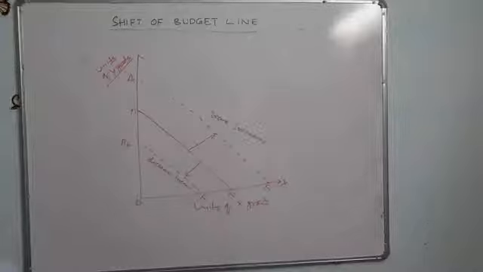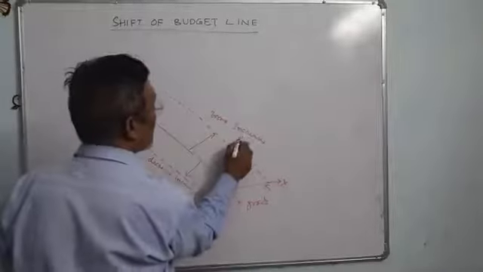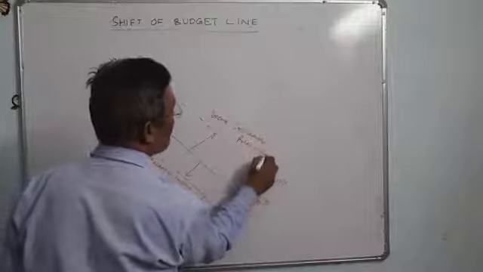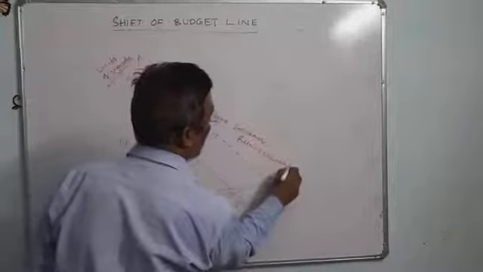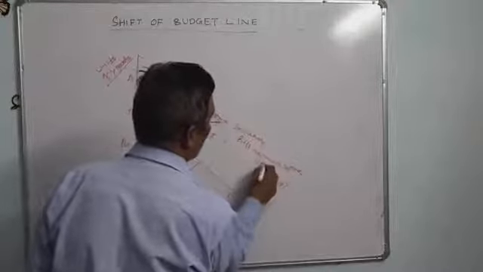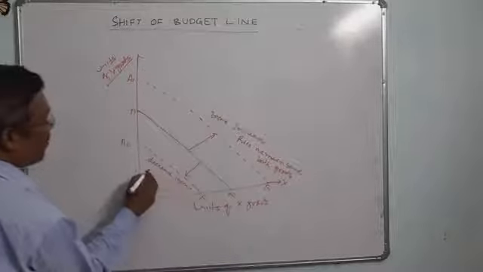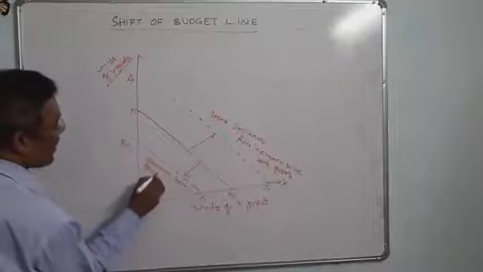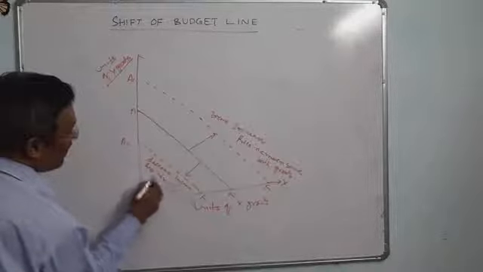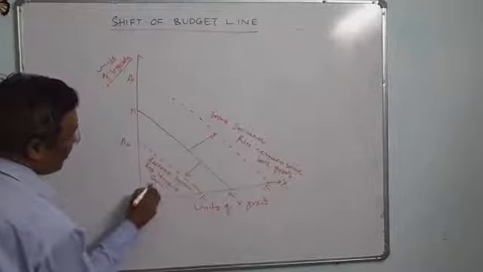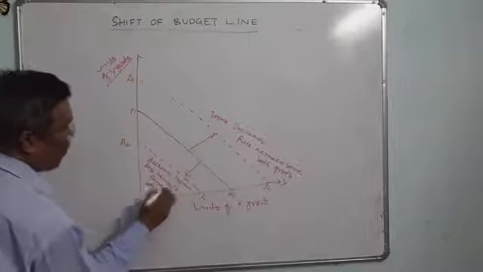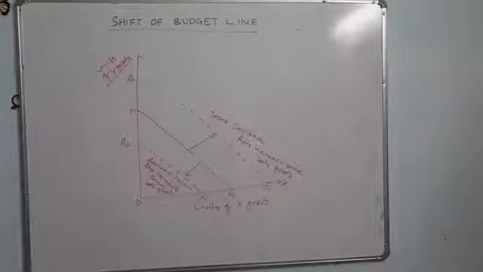This is the condition: when income increases and prices remain the same for both goods, or income decreases and prices remain the same for both goods. This is called the shift of the budget line: income increases, income decreases.